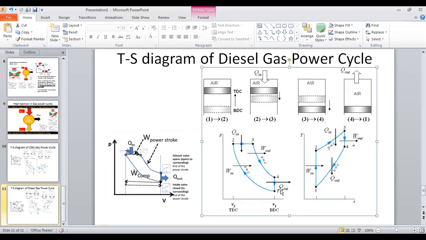In the PV diagram, it's the compression. Isentropic is the ideal reversible adiabatic, as we call it. I think we have explained this. Reversible adiabatic means no heat loss, and also it is reversible, 1 to 2. So 1 and 2 have the same entropy.